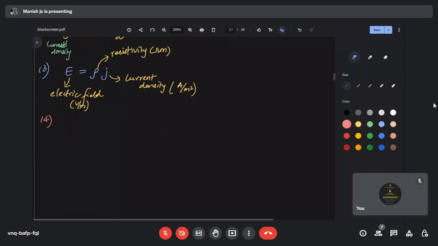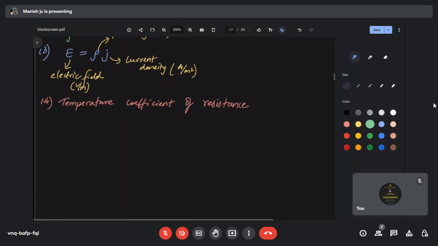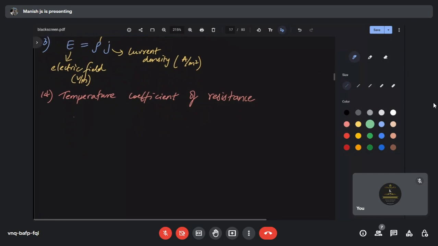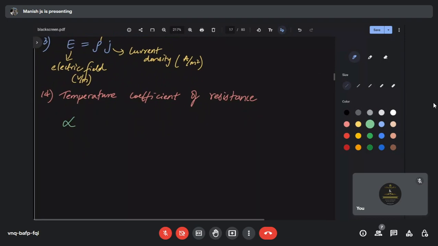Next, we are looking at the temperature coefficient of resistance. It is basically the change in resistance per original resistance when you raise the temperature by 1 degree. That's called the temperature coefficient of resistance. It is given by the Greek letter alpha.